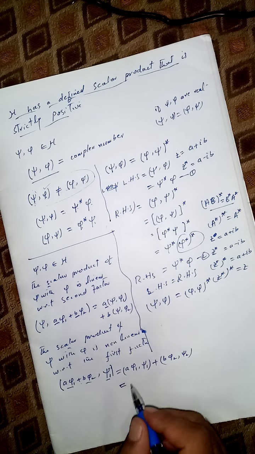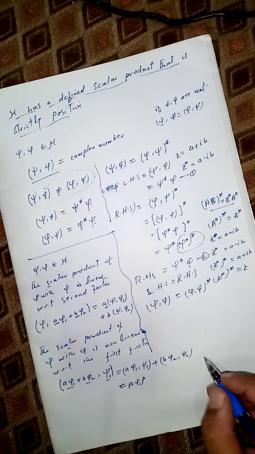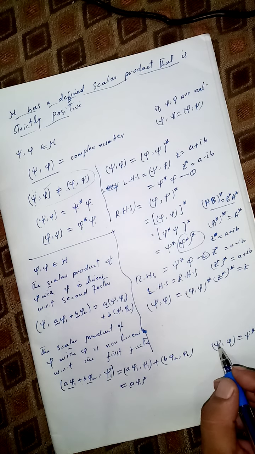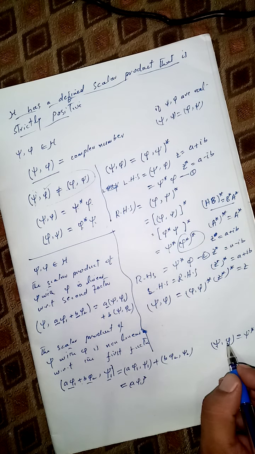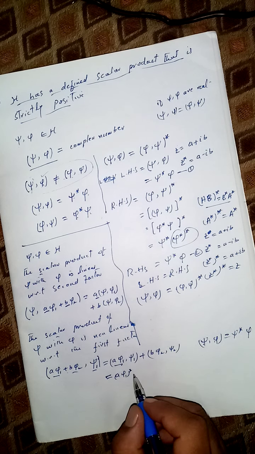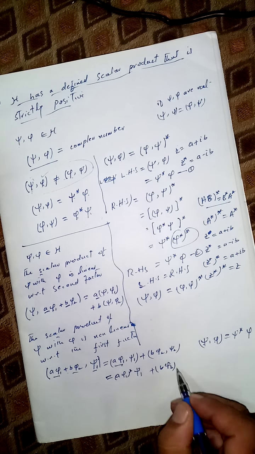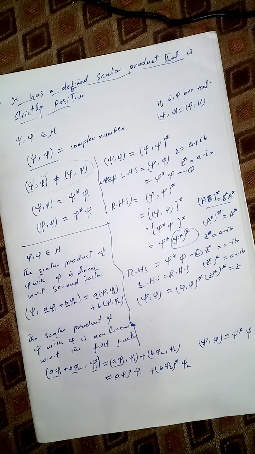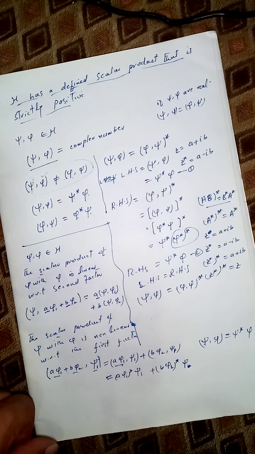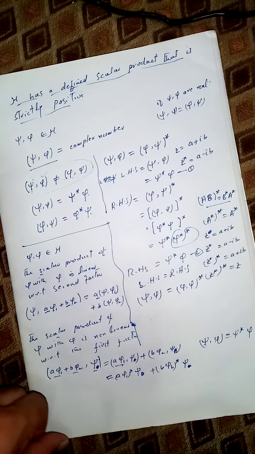Now how will we represent it in terms of scalar product? We take the aφ1 star. For example, ⟨ψ|φ⟩ is equal to ψ* φ, taking the complex conjugate of the first and then multiplying it with the second. So here we take the complex conjugate of the first one and multiply it with ψ, plus the complex conjugate of the second and multiply it with ψ.